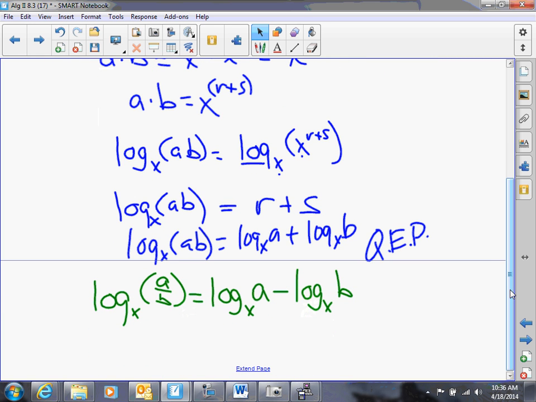It's so similar that if I were to do it, you would say, well, it's just really the same thing with division and subtraction rather than multiplication and addition. It's something that you could do very easily, but also realize what we're saying here is we're taking the log of a quotient. You can split it up into the log of the numerator minus the log of the denominator.